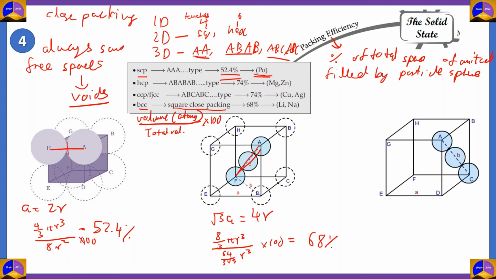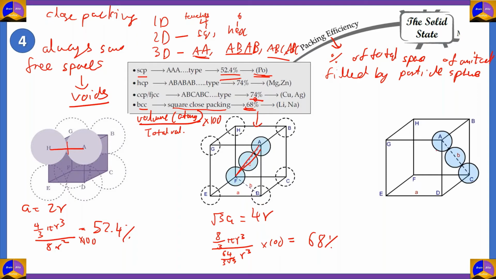So 68% of a body-centered cubic cell is occupied with atoms. And over here, the number of atoms is 2, because 8 corners plus 1 atom at the center. So 68% is the value for this cell.